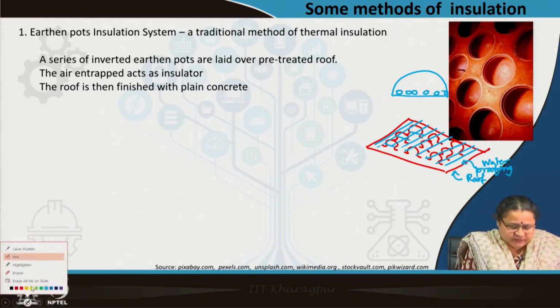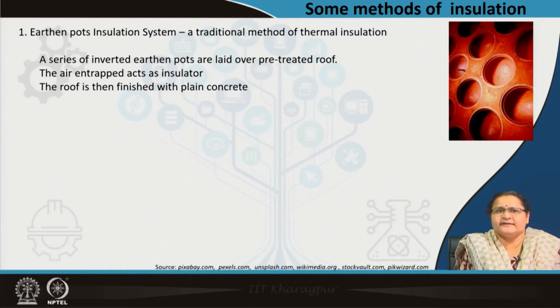So, you can understand that we can use inverted earthen pots with air inside to trap sound and to not allow heat. So, it can be used in both ways.